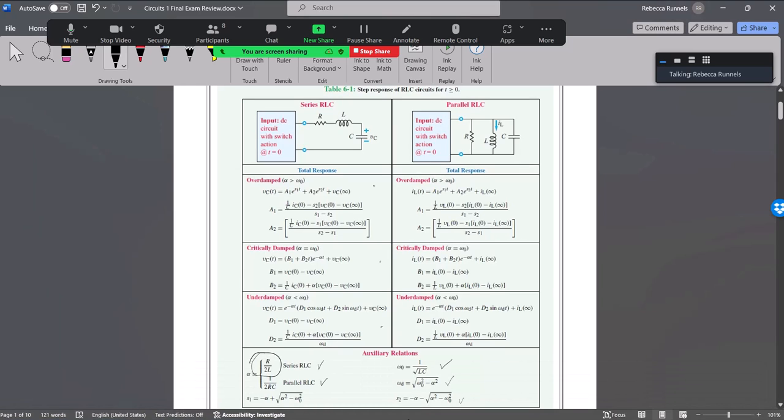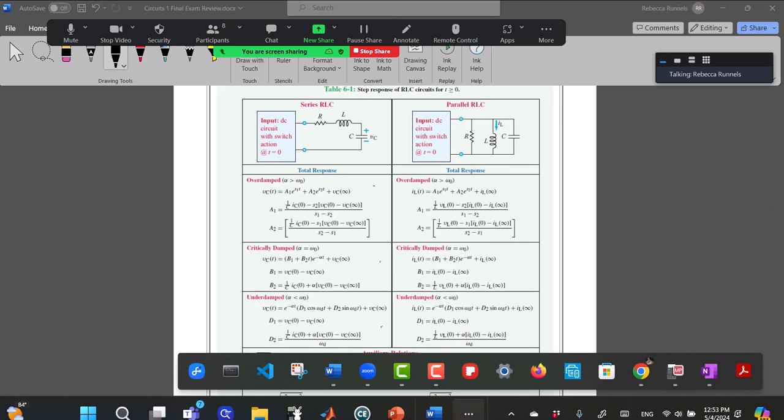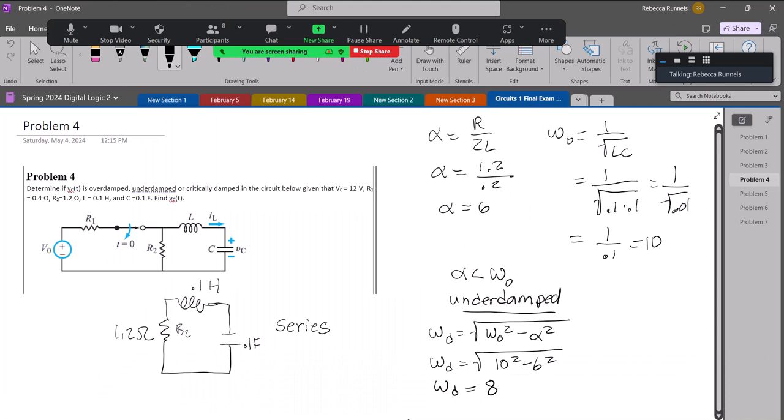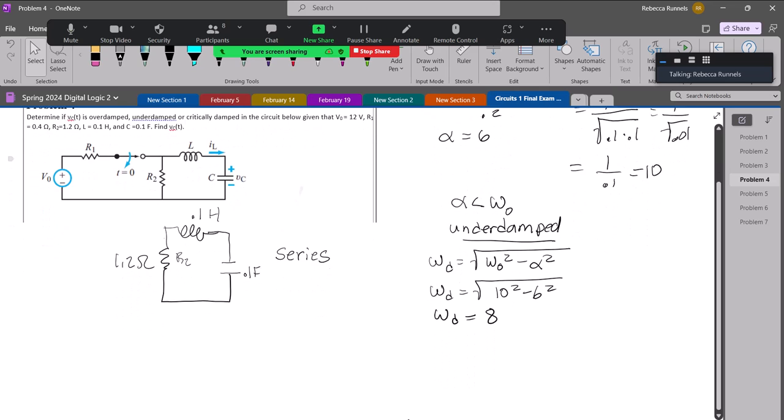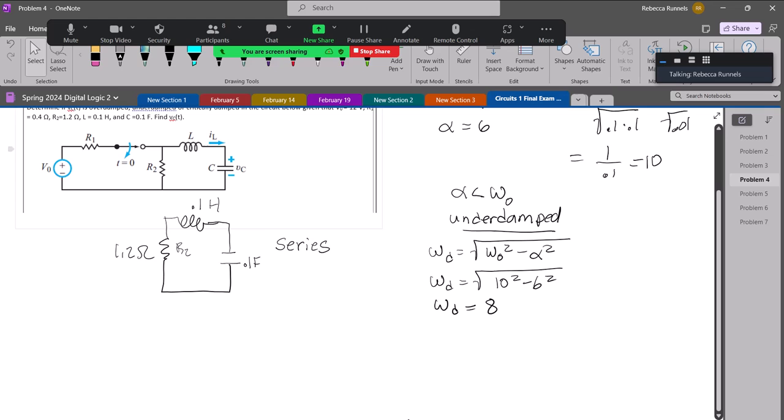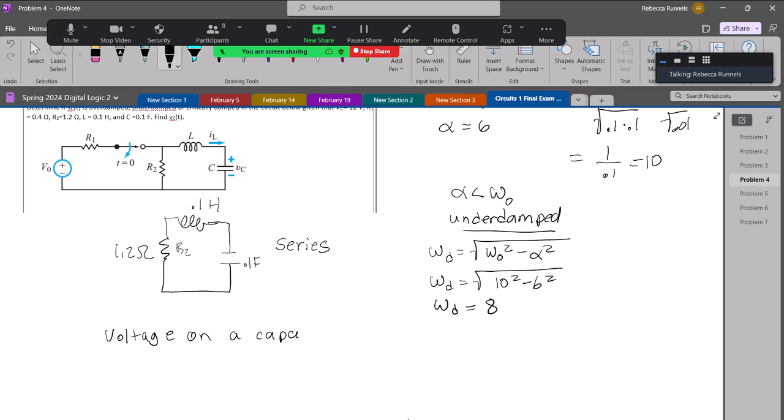Okay, now we need to calculate VC of 0, VC of infinity, and IC of 0. So let's go and get those. When I look at VC of 0, I know this is important: voltage on a capacitor cannot change instantaneously.